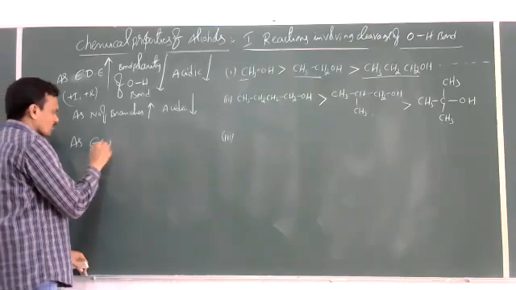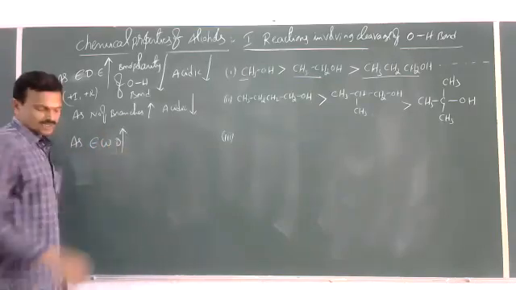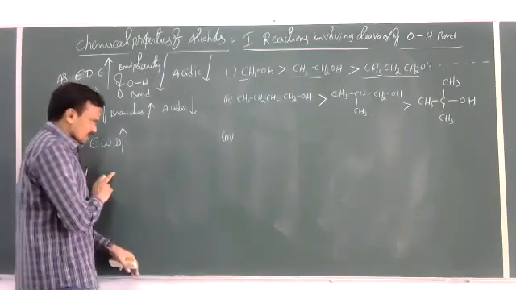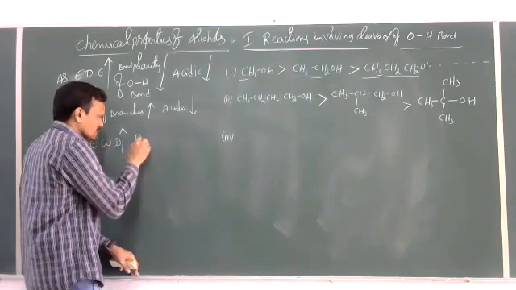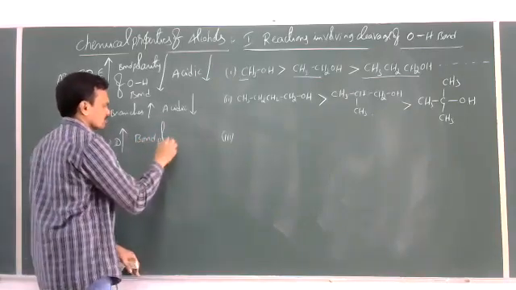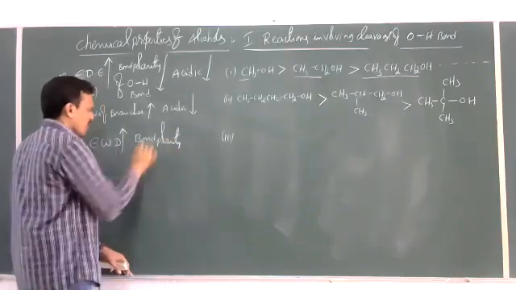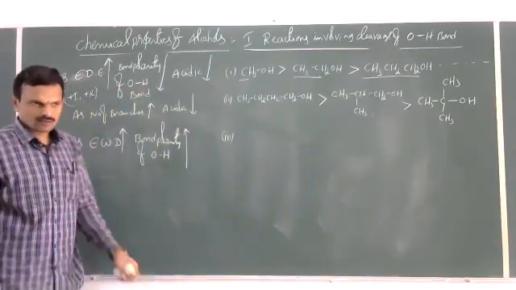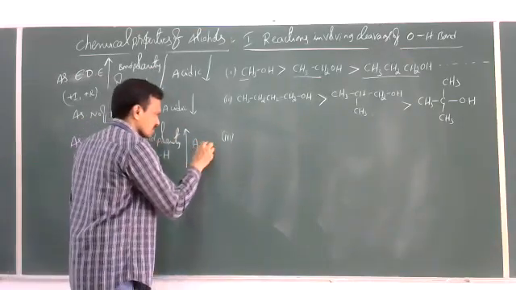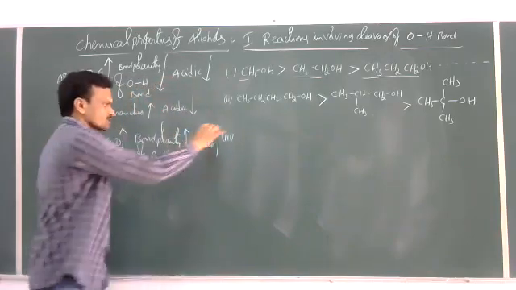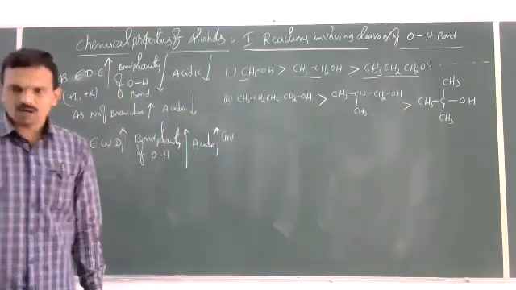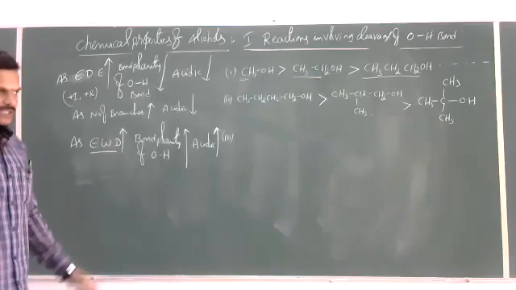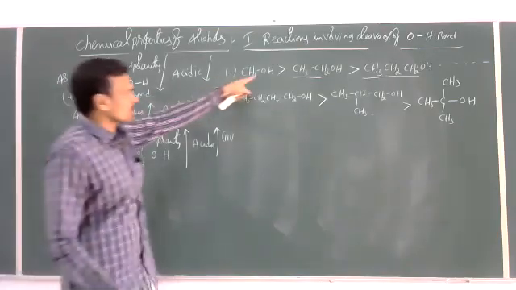Now, on to the third one. As the electron withdrawing effect increases, opposite to the first case, the bond polarity of the OH bond increases. As bond polarity increases, acidic strength increases. So as the withdrawing effect of the group present increases, the OH bond polarity increases.